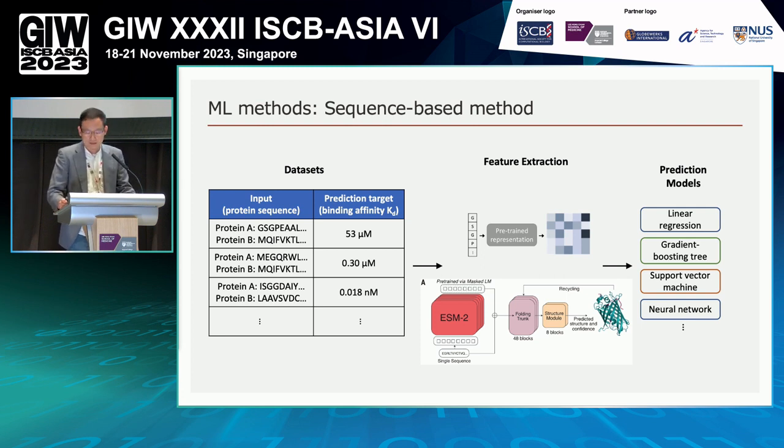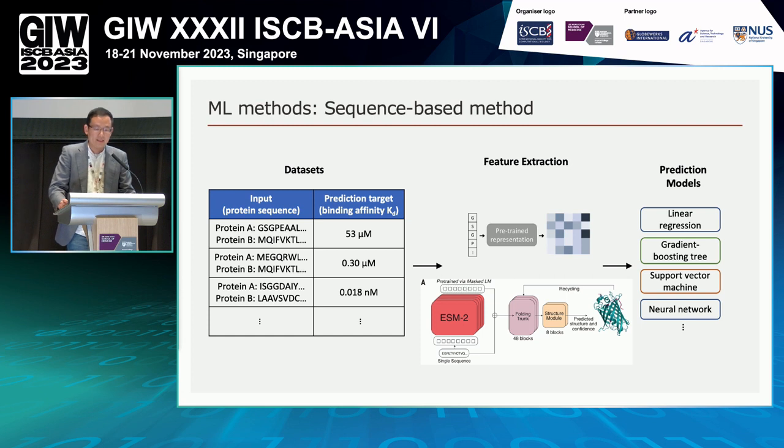In this slide, I show the sequence model. The sequence model uses the amino acid sequence to predict the binding affinity. The key challenge is how to encode the sequence information for the binding affinity prediction. Many methods have been developed, and one of the most recent and promising ones is ESM2.